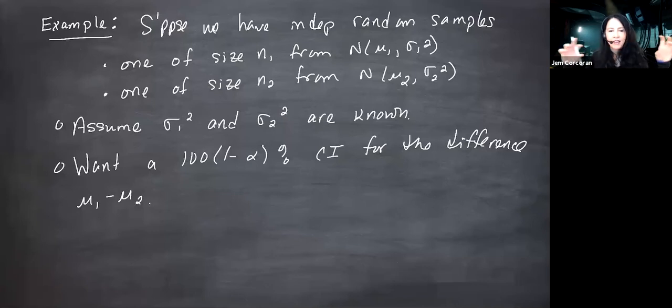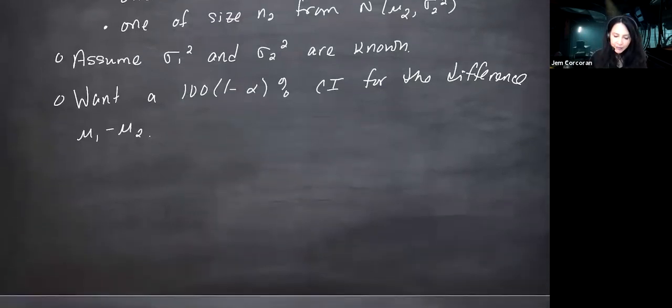And if that includes 0, then you're saying that it's reasonable that mu1 minus mu2 can be 0, so it's reasonable that mu1 can equal mu2. So in this sense, a confidence interval can kind of serve as a hypothesis test if you set things up right. But we already know how to do this.